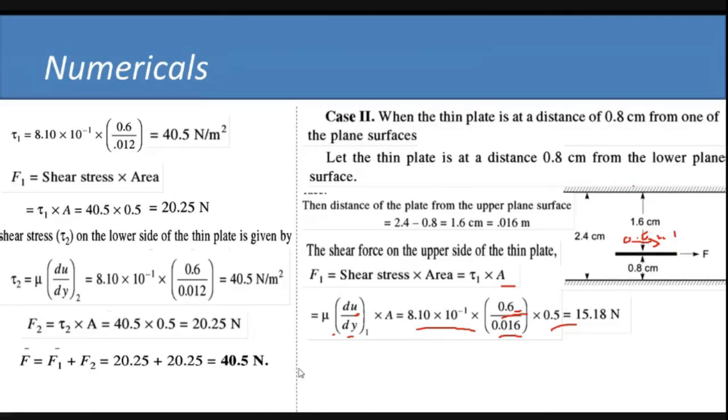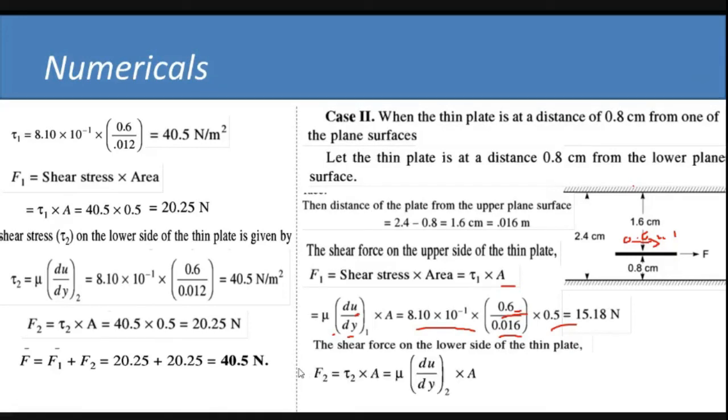Now we will calculate F2. F2 will be the force required to move the plate relative to the lower plate. So that F2 is tau2 into area, and tau2 is nothing but mu into du2 by dy2. So du2 is again the same, 0.6 meter per second, and dy2 is now 0.8 centimeter, so it will be 0.8 into 10 power minus 2.